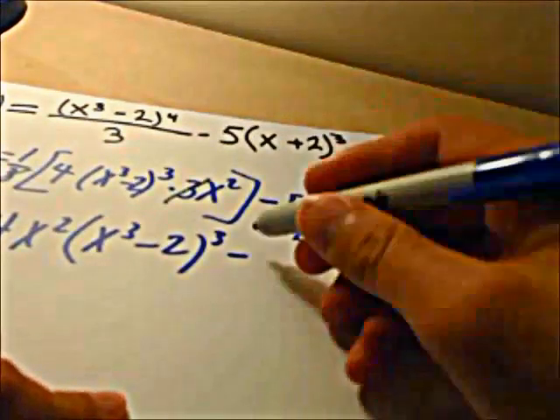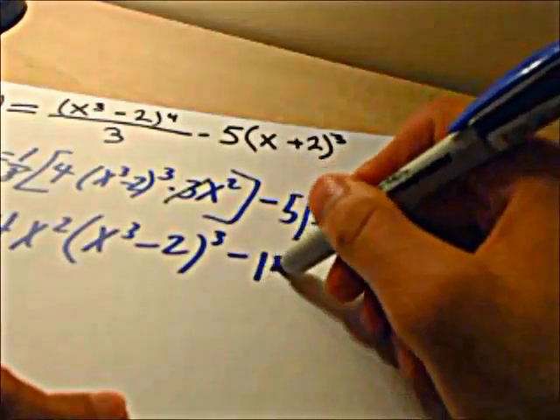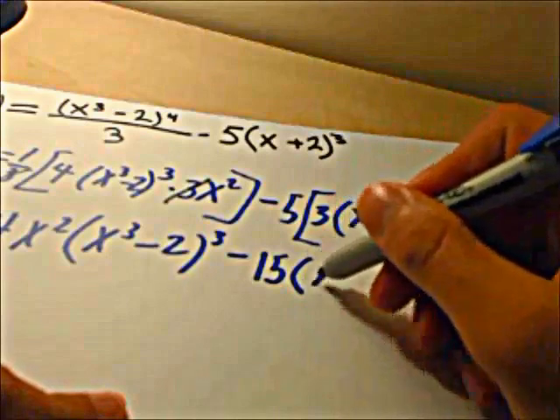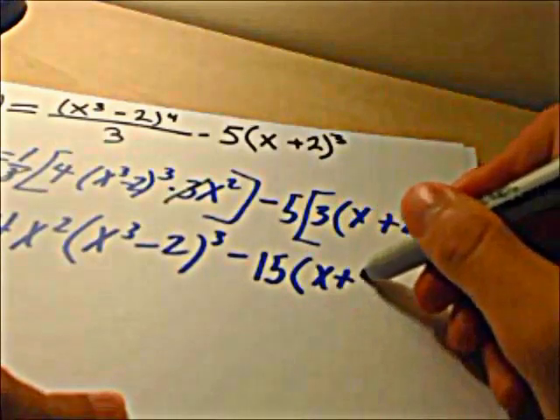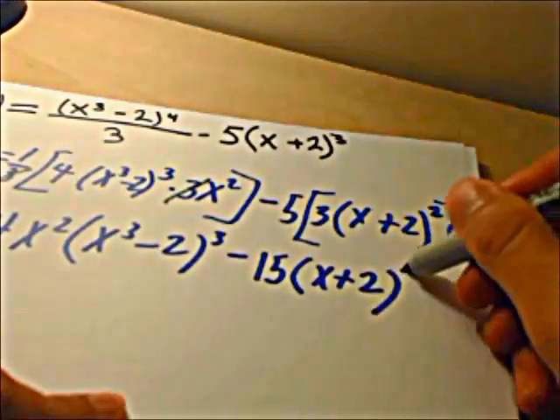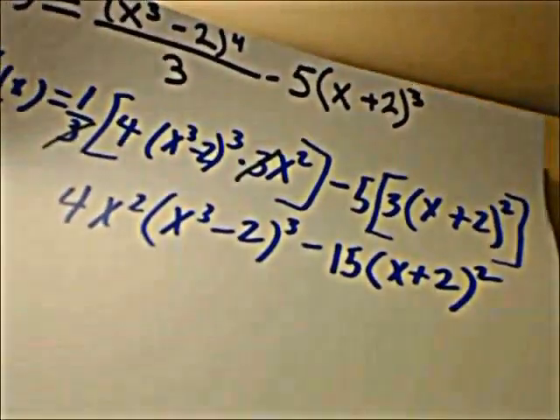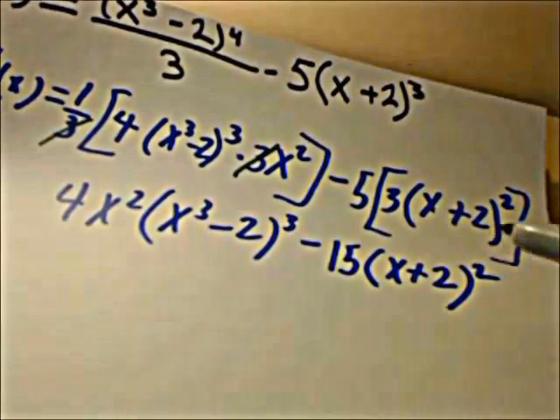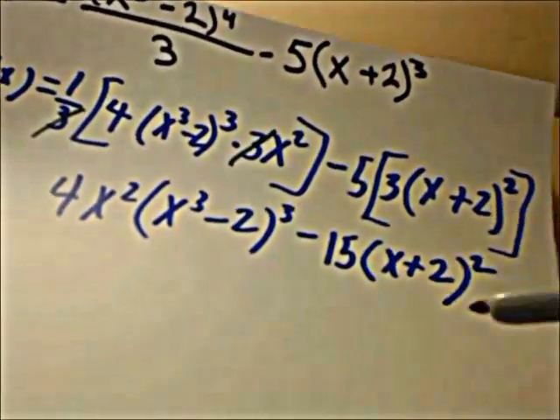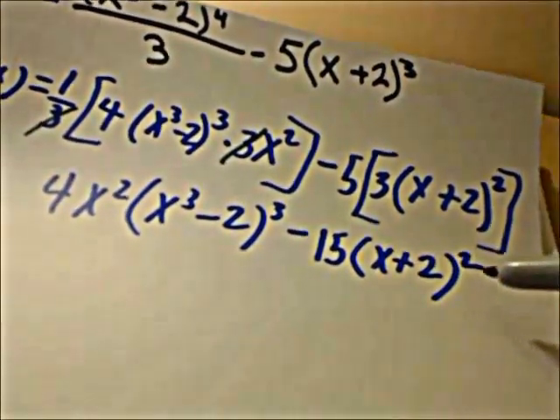And for this part, 5 times 3 is 15, and then the bracket comes along. So that's actually our derivative: x squared times x cubed minus 2, all cubed, minus 15 times x plus 2, all squared.